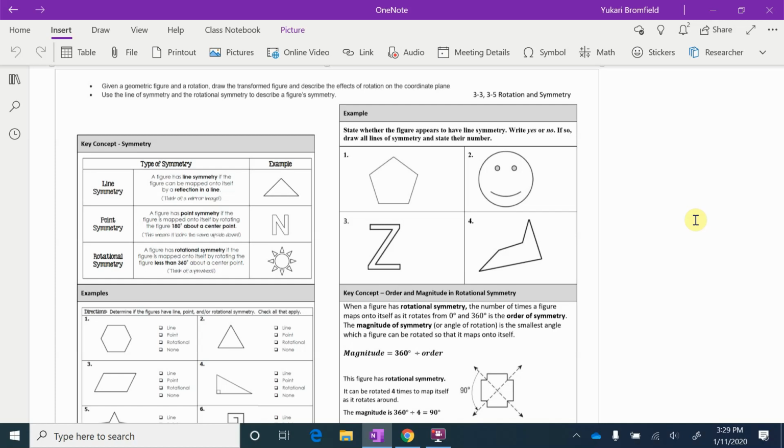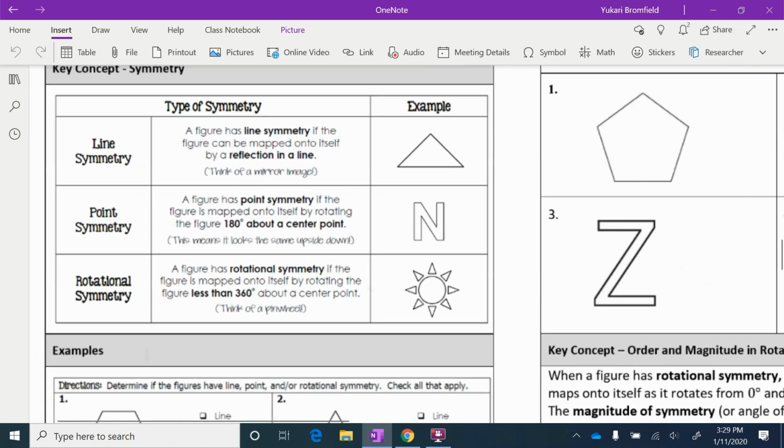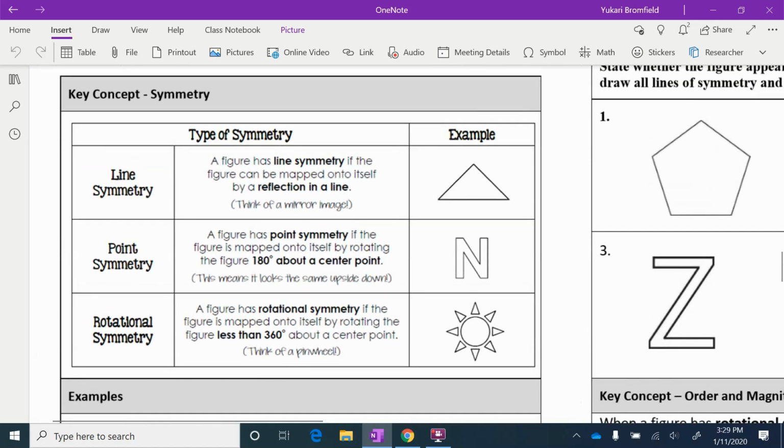So you all know what symmetry is. Let's take a look at different types of symmetry here. You can have a line symmetry, where if you have an imaginary line that you can reflect, it gives you back the same shape.